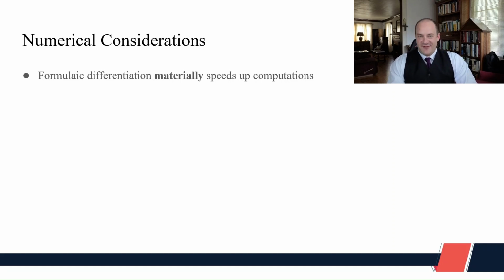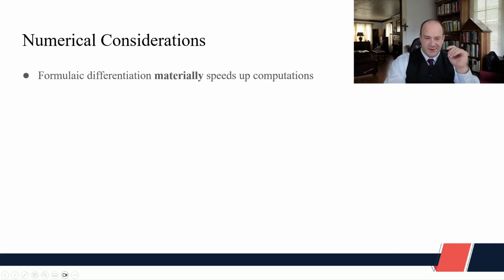And if you don't tell the optimization routine, by the way, this is the gradient of this objective function, it's just going to numerically estimate it at each step of the iteration. So presumably if you handed it a formula instead of having it estimated numerically, that's going to speed up computation.